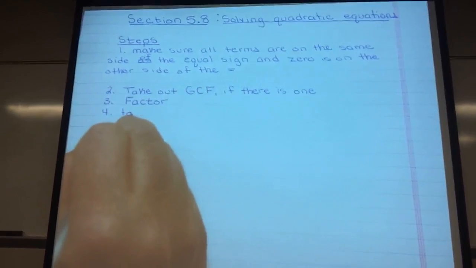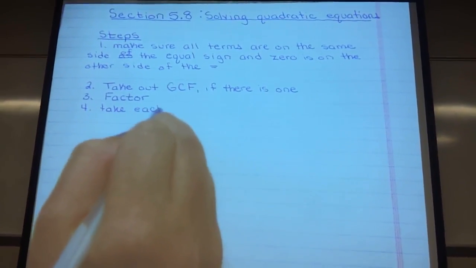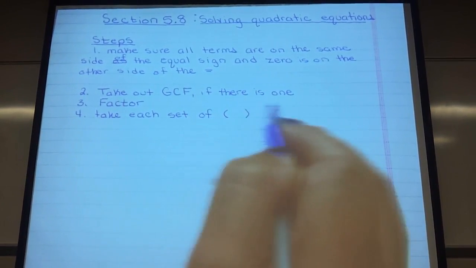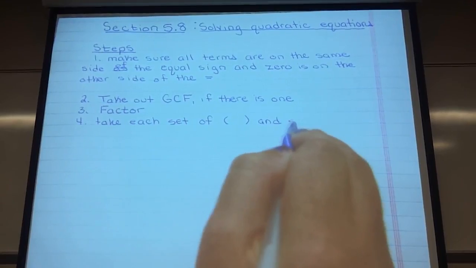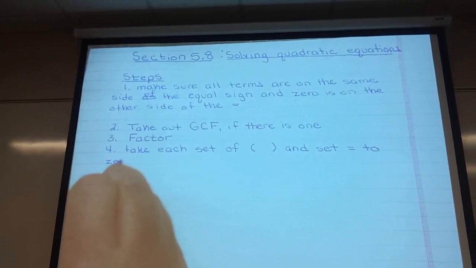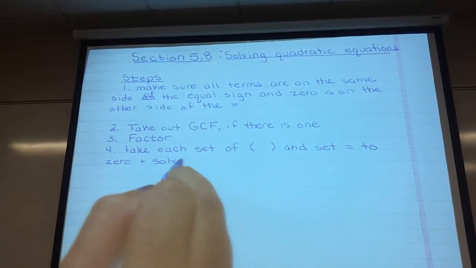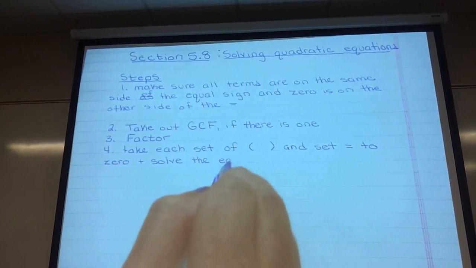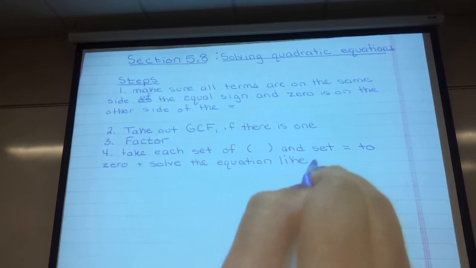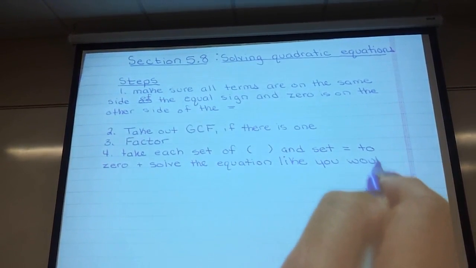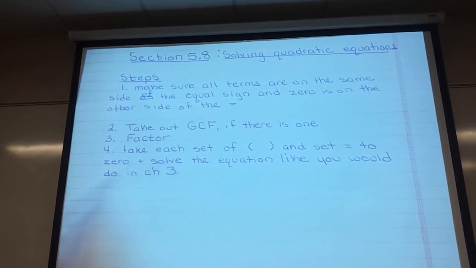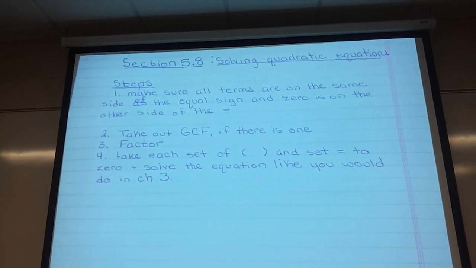And step 4, take each set of parentheses and set equal to 0 and solve the equation like you would do in chapter 3. So if chapter 3 is not a fun chapter for you, you've got to look back at it, or you're never going to be able to solve it.